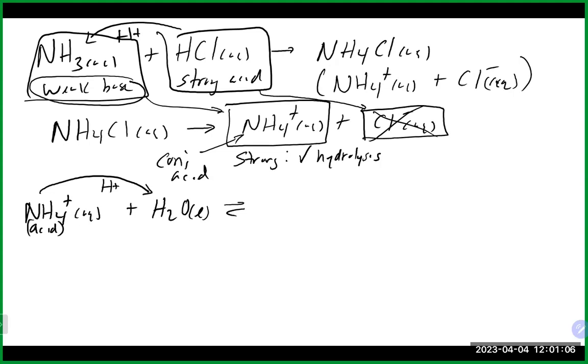When it donates the H plus over, once again, it will always make where it came from. So it will make some NH3, just like in the previous example, the acetate made acetic acid. So a lot of times what you will have in a problem is, frankly, the entire equation almost given to you, because if you know where it came from, that's going to be on one side of the arrow, and what you're dealing with will be on the other side of the arrow.